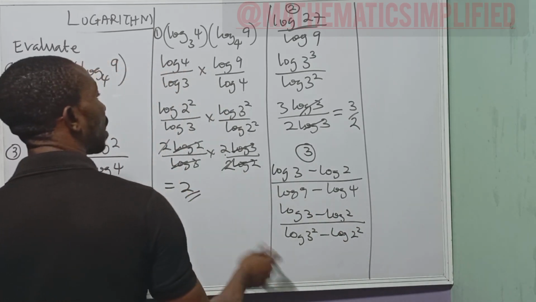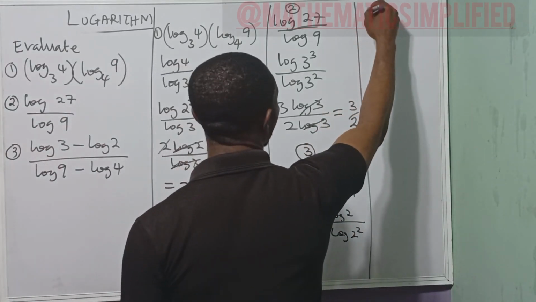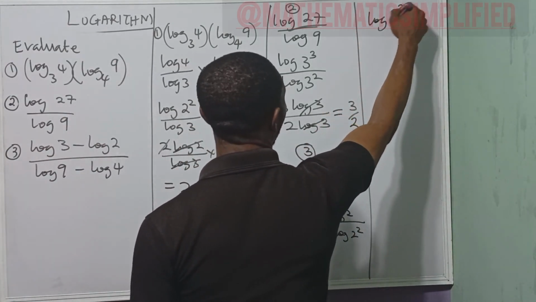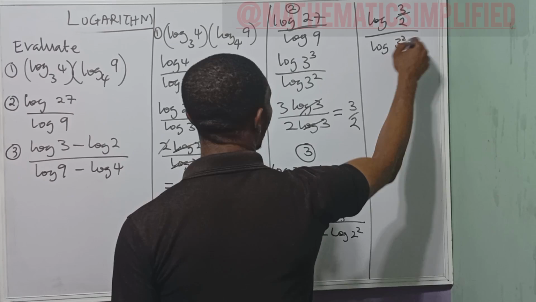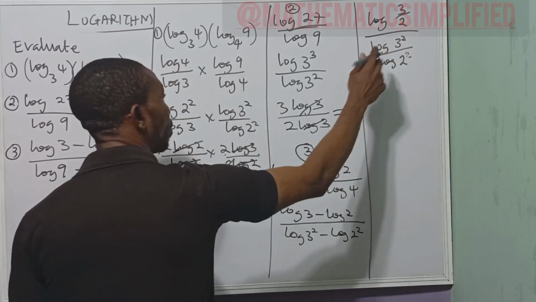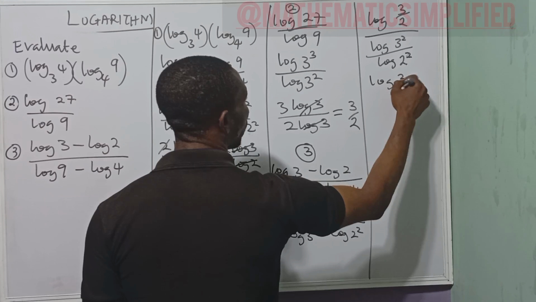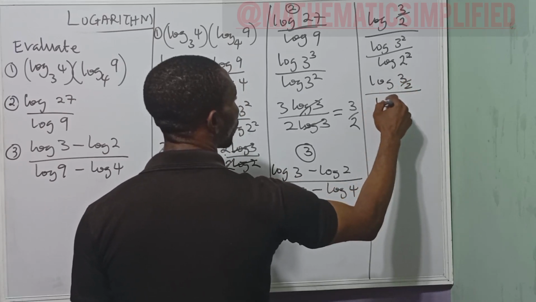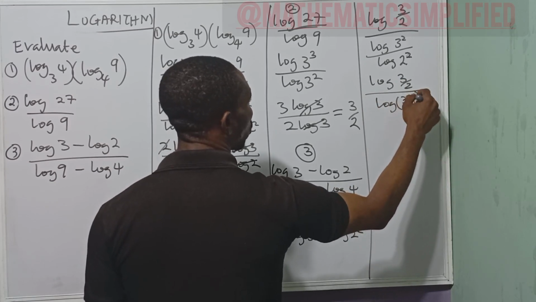Now remember that our minus becomes division. So this becomes log 3 over 2 all over log 3 squared over 2 squared. Since they are both squared, we can write it as log 3 over 2 all over log of 3 over 2 all squared.